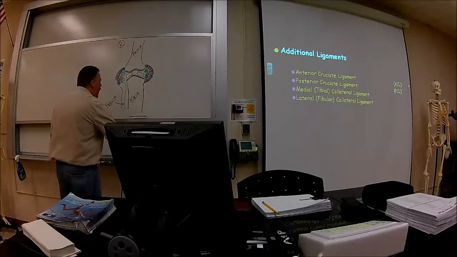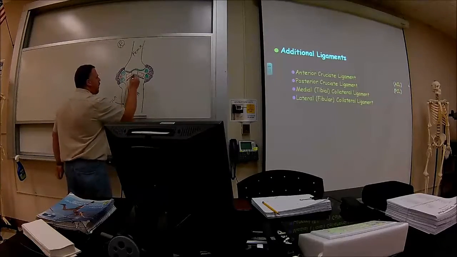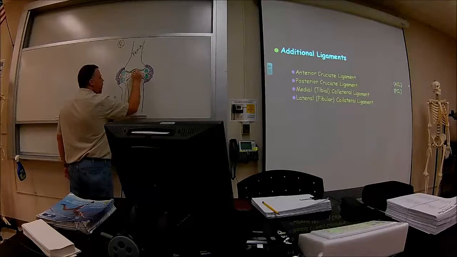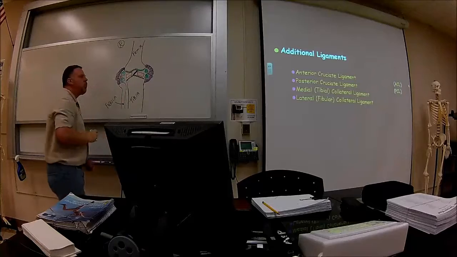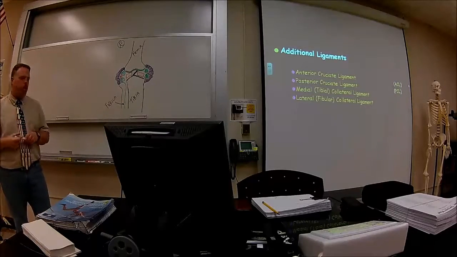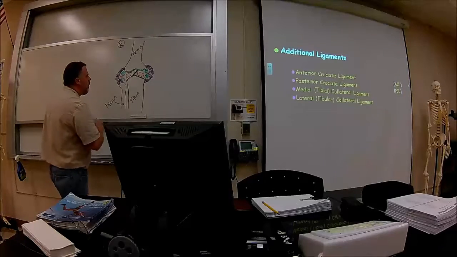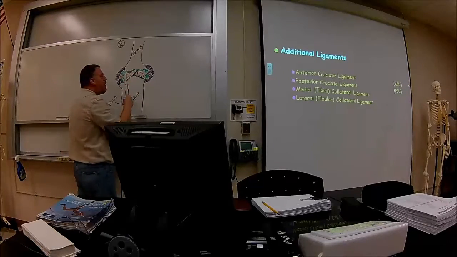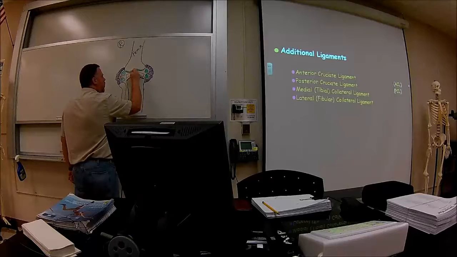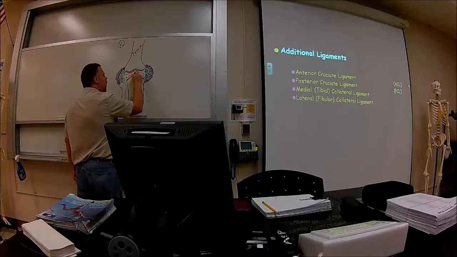And basically, it's a ligament that's going to go from here over to here. And it's anterior. There's another one behind there, and that's called the PCL. And it kind of goes this way behind the ACL this way. I don't know if you can see it, but that's what it's doing.